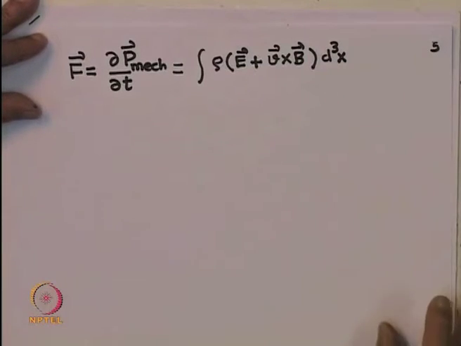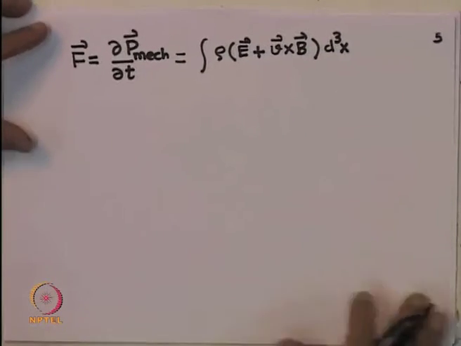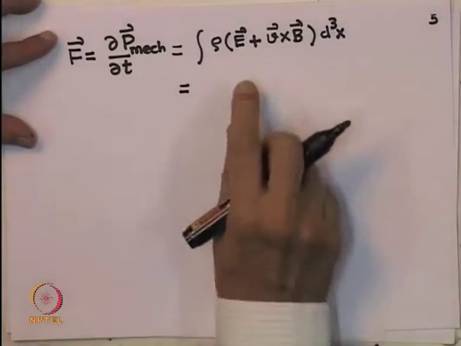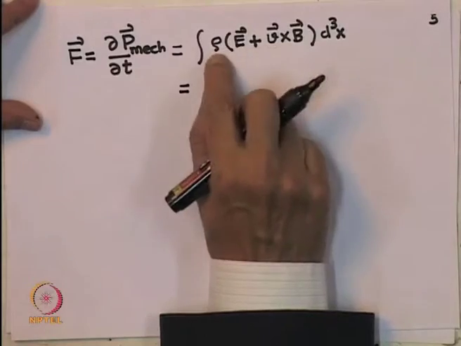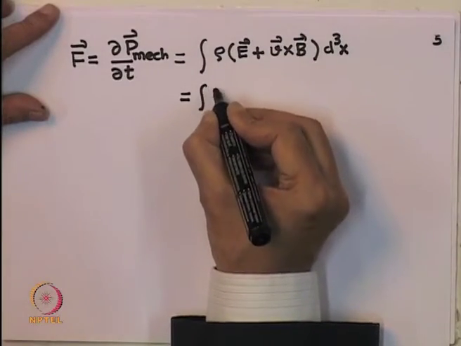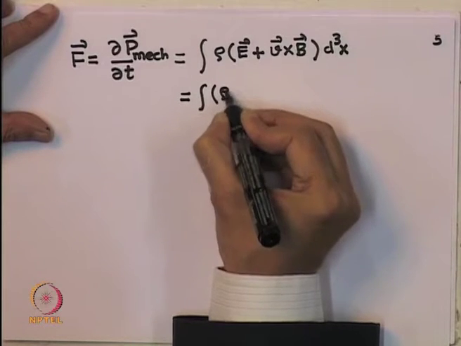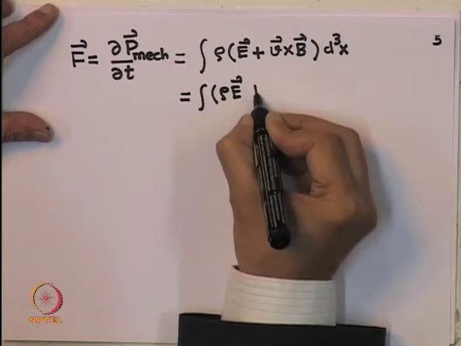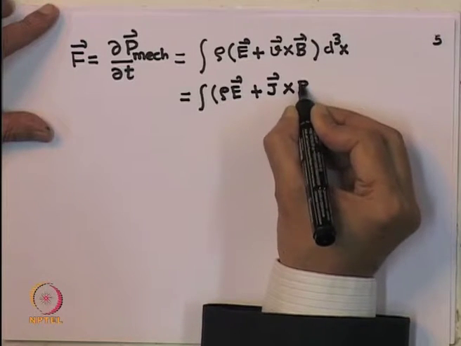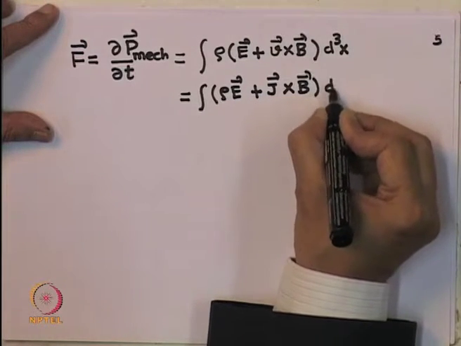Now, I am going to make some modifications to this equation. Firstly, I will use that rho times V is nothing but the current J. So, this equation will be rho times E plus J cross B, d cube x.